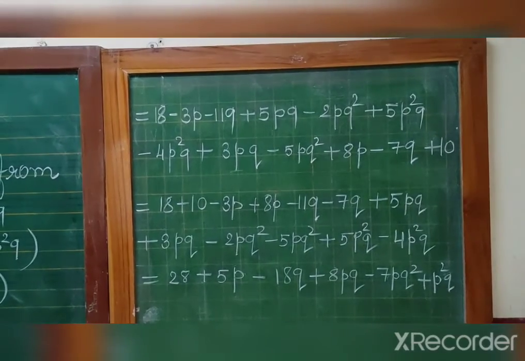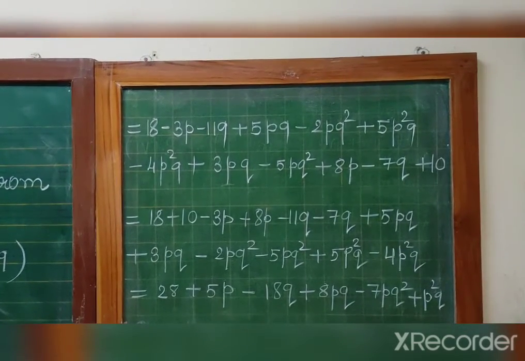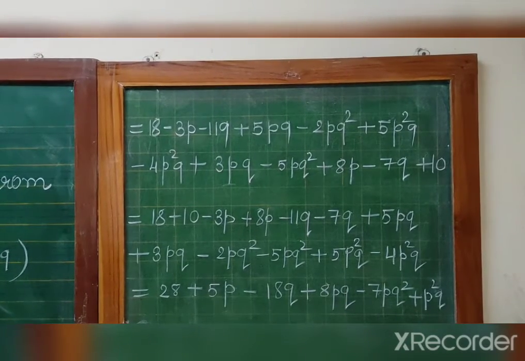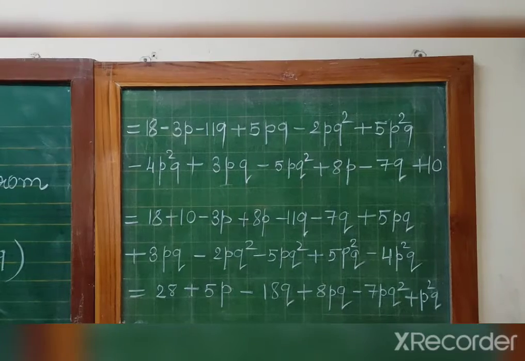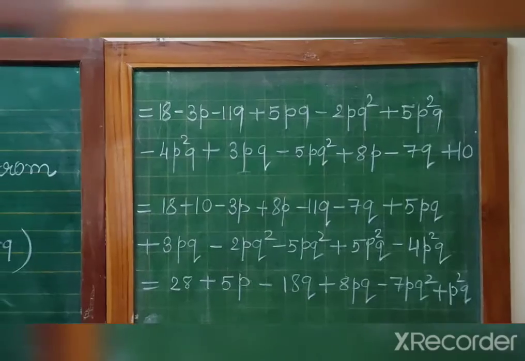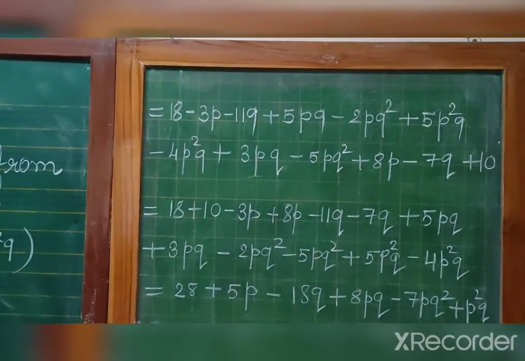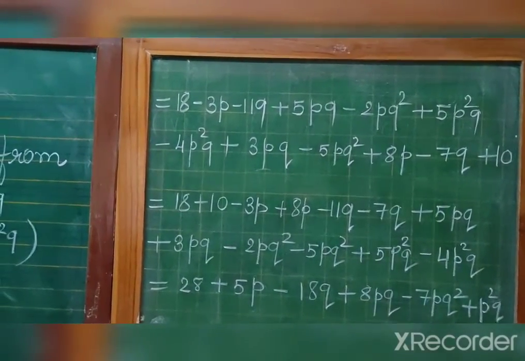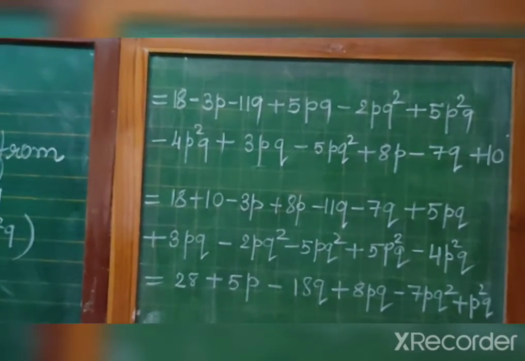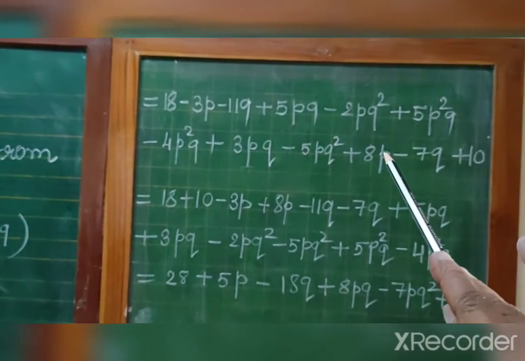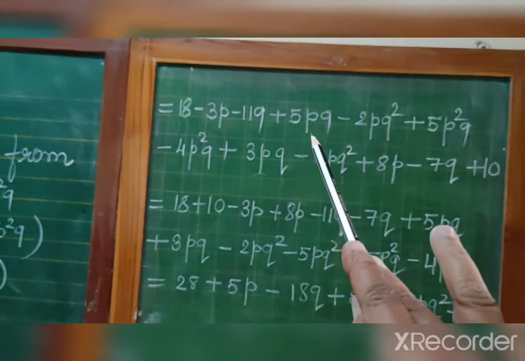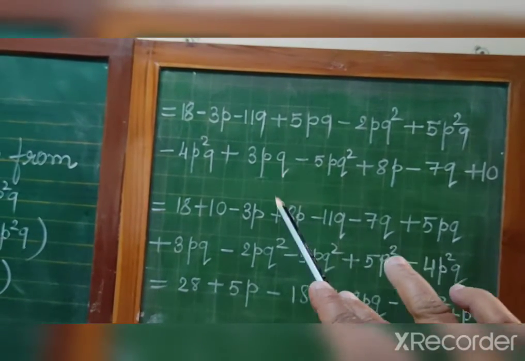Now we will collect like terms. First the constants: 18 plus 10. Then minus 3p plus 8p. Minus 11q minus 7q. Plus 5pq plus 3pq.